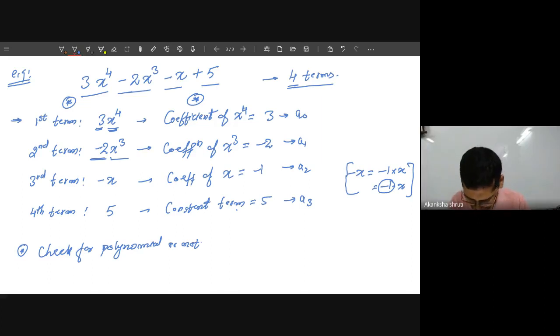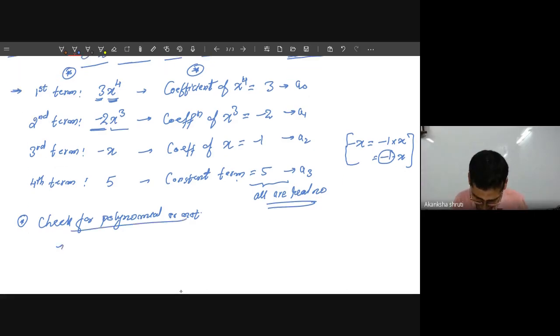Okay, so check for polynomial or not. A student, whether these are real numbers or not: 3, minus 2, minus 1, 5, all these are real numbers. So all coefficients are real numbers. When all the coefficients are real numbers, then it is a polynomial. Yes, a polynomial.